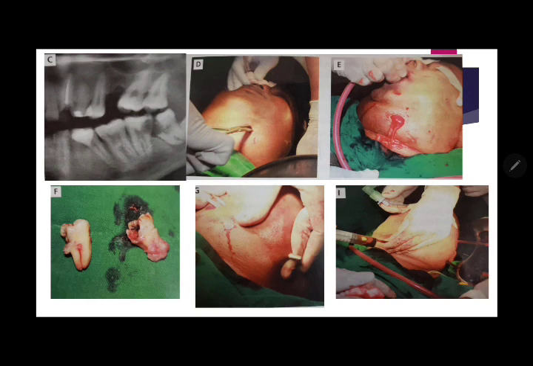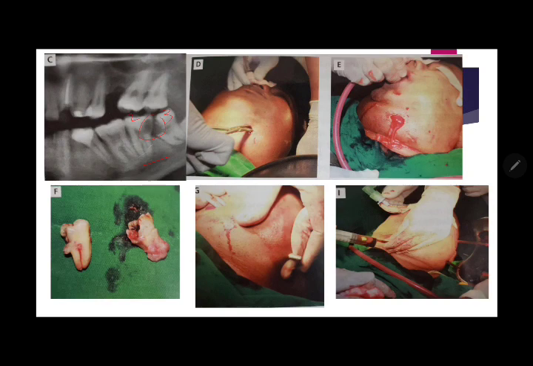So here is a case showing Ludwig's angina. Here we can see an infection of the grossly decayed left mandibular second and third molars.